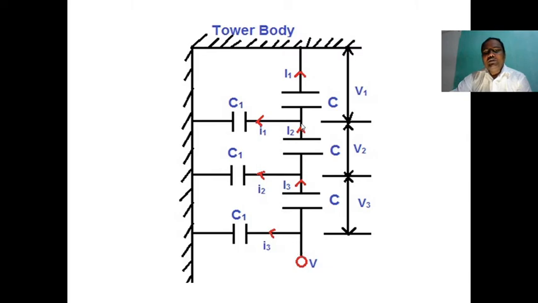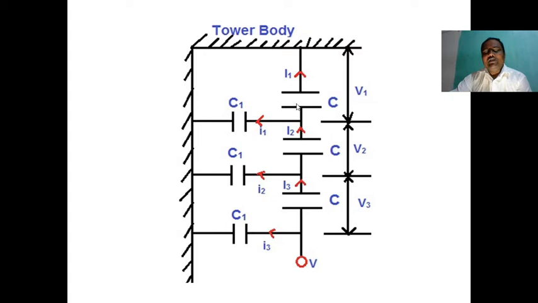There are nodes: node A, node B, node C. At node A, the charging current I2 is equal to I1 plus small i1. Small i1 is the charging current due to shunt capacitance.